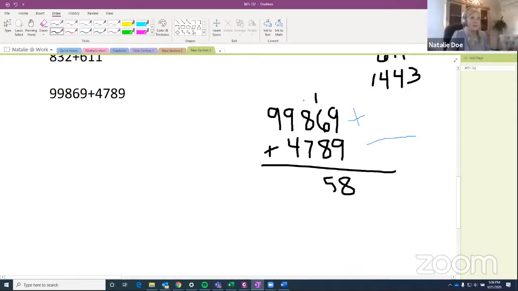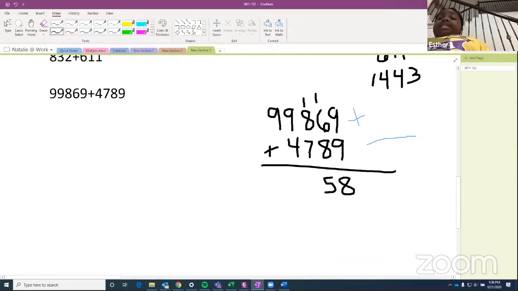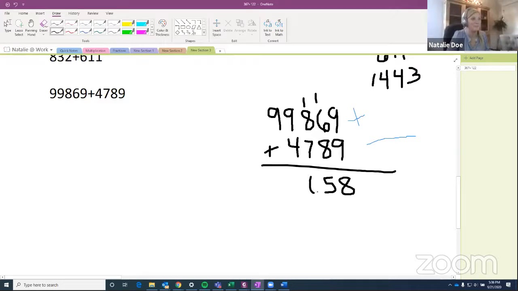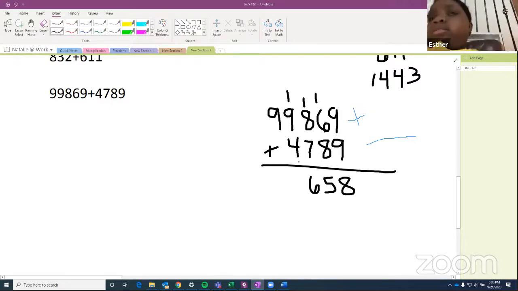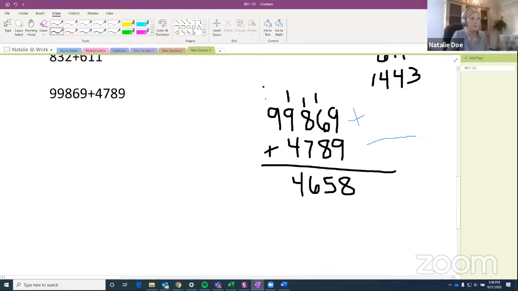All right, carry the 1 again. 8 plus 16? 16, yeah, good job, Shabak. That's what I was thinking. All right, 1 plus 9 plus 4. 14. Okay, carry the 1. 10. Okay, so we got 10, so I put a 0 here.